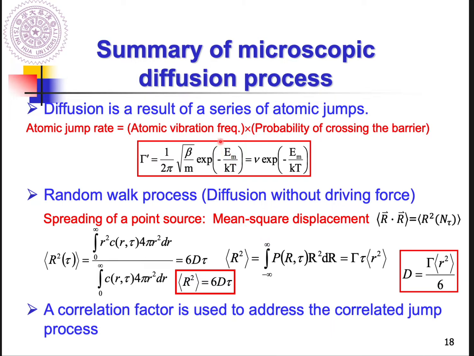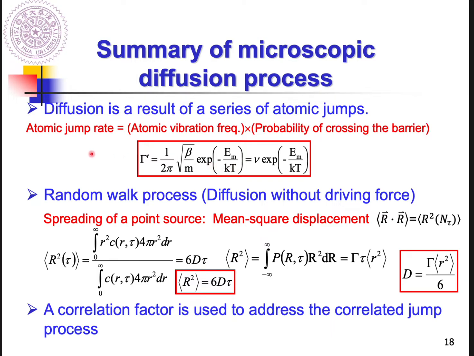As long as an atom has energy higher than the energy barrier or migration energy, it can make a successful jump to a surrounding available site. So this term is related to the energy barrier and also the temperature of the working environment.